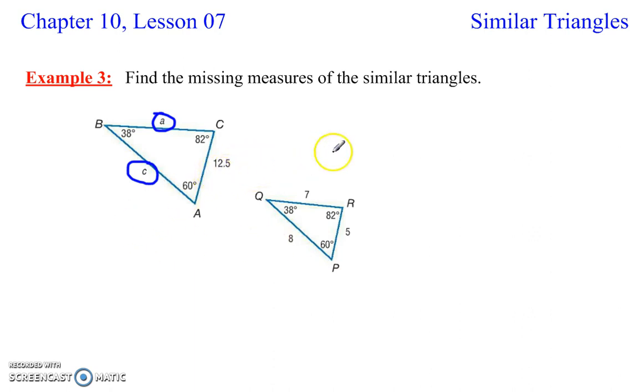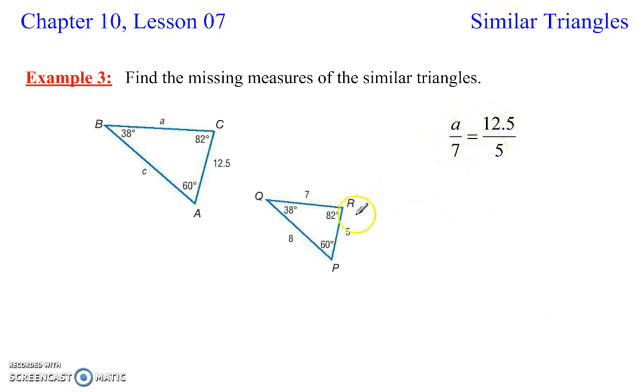Or you can just set up a proportion, as in what we're looking for, A to 7 is equal to 12.5 over 5. Now I recommend putting the variable on top. That means the triangle with the missing measure is going to be listed on top. In this case, both of these measures come from this triangle. It's important that those stay together.